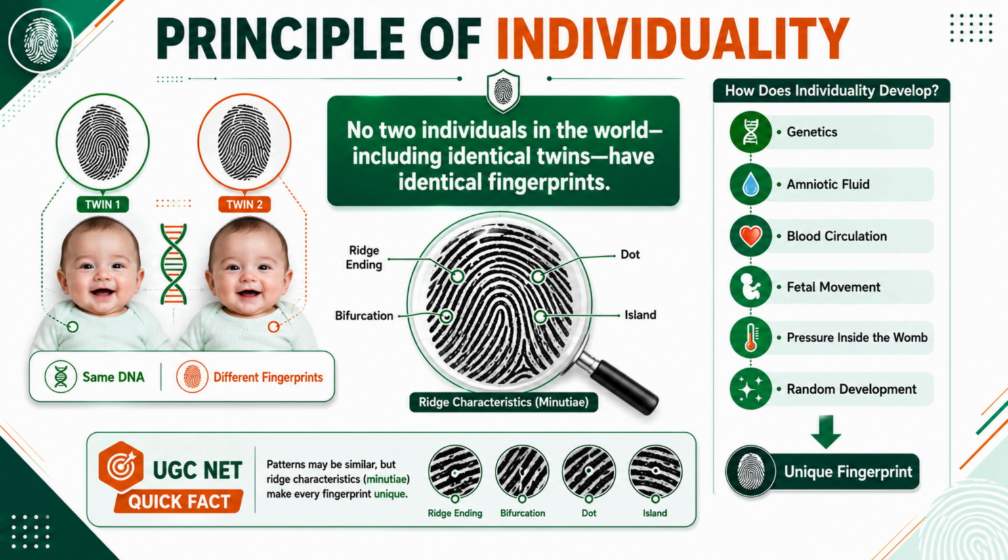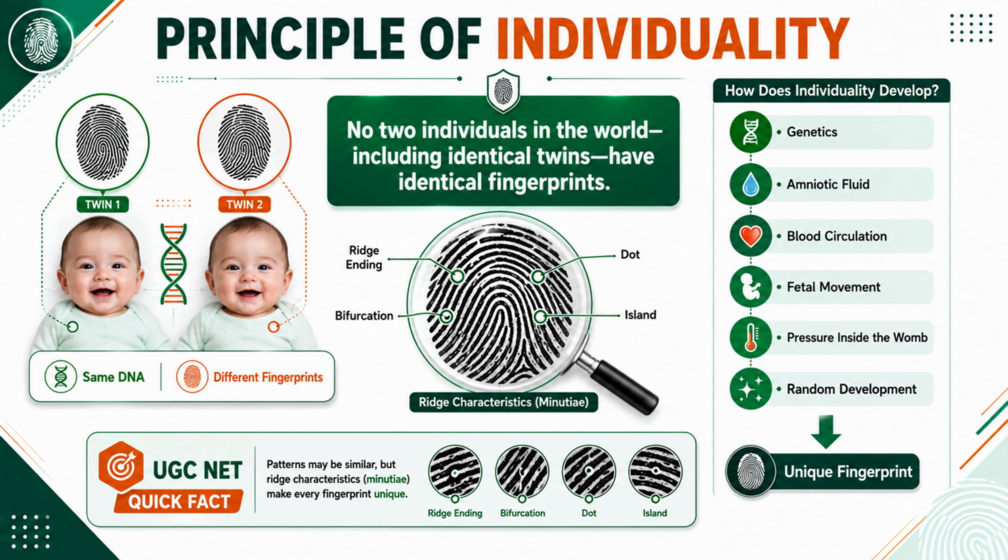These factors interact in unique ways for every developing fetus. As a result, the friction ridges form a pattern that has never existed before and will never be repeated again. This is why fingerprints are considered unique to each individual.